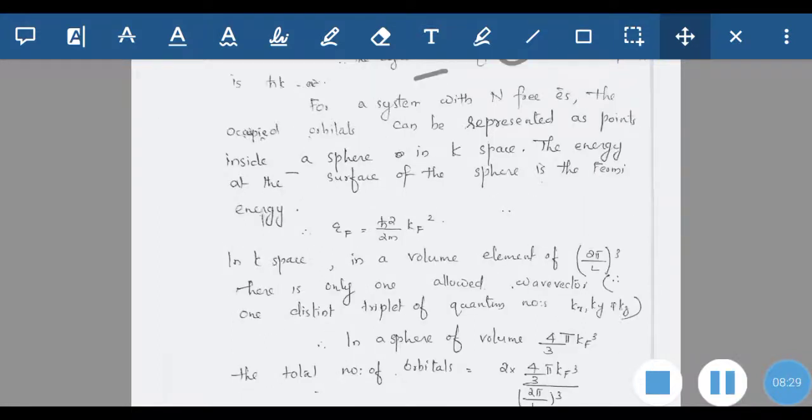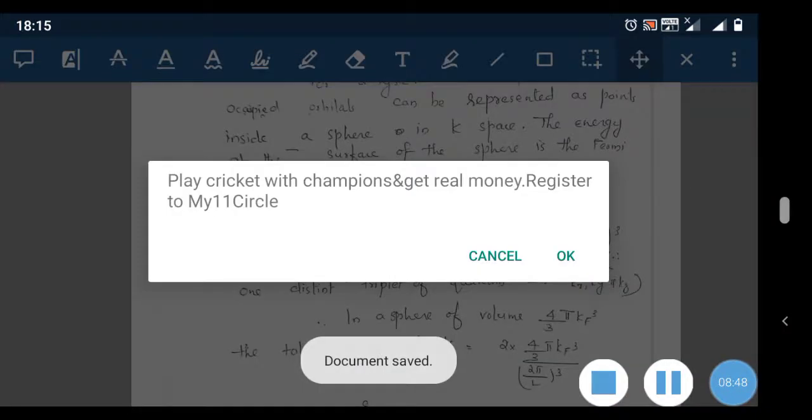Now if we consider a system which consists of N free electrons in 3 dimensions, then all the occupied levels can be represented as points inside a sphere in k space.